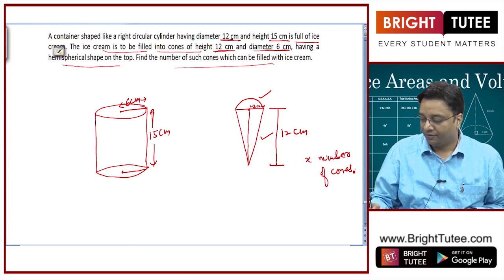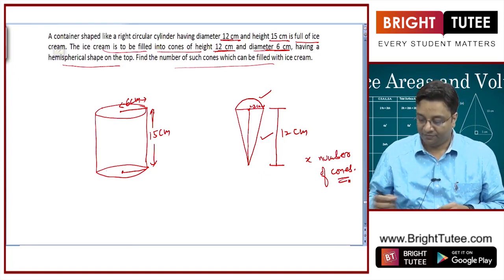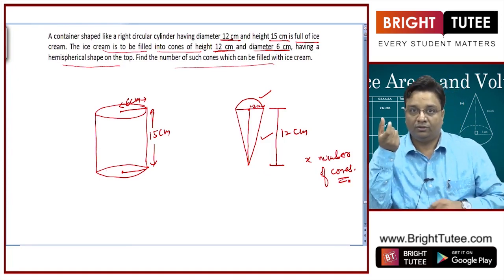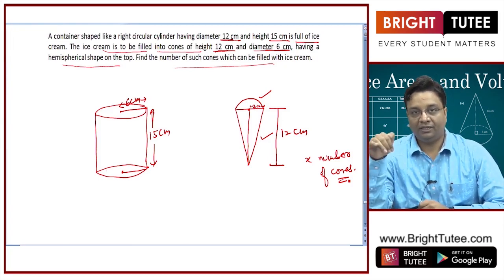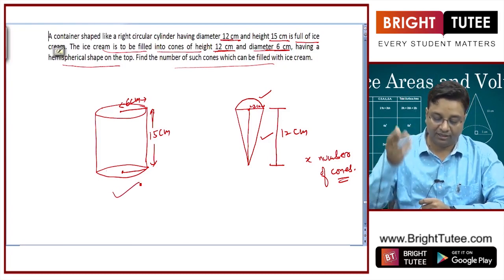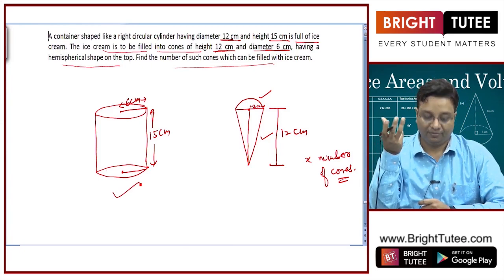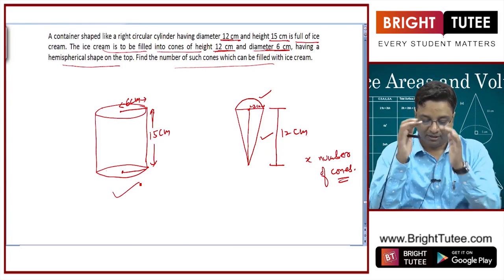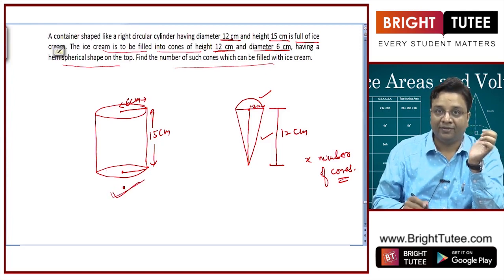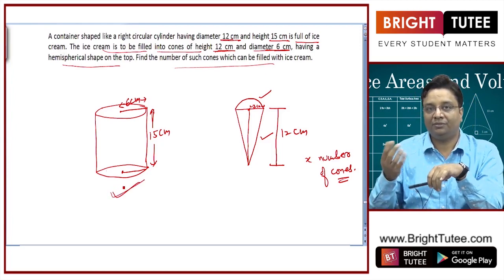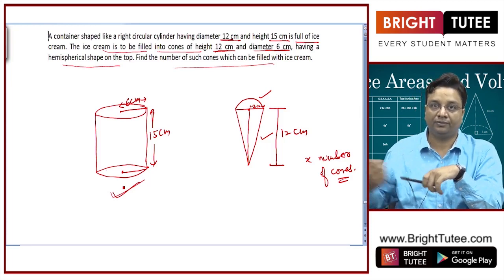can be filled. So how to think about this question? If I fill one cone, okay, and I am filling x number of cones, so whatever ice cream I fill in these cones is coming out of this cylindrical vessel or a cylindrical container, right? So the volume of ice cream in this container is equal to volume of ice cream in these cones, x number of cones, right?